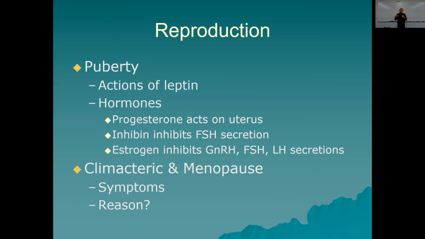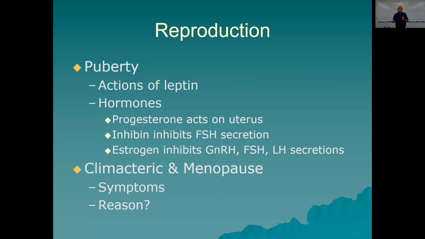Some women take hormone replacement therapy to deal with these symptoms. The reason is not known. Why do women have an end to their reproductive life, their ovarian cycle stops, and they stop follicle development? Nobody knows, but it happens in human females.